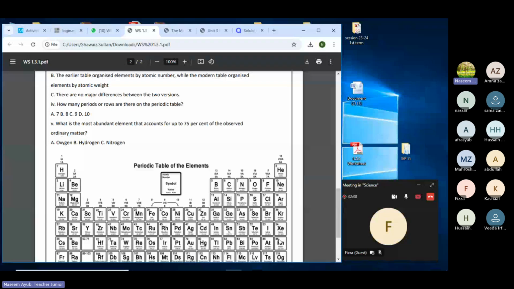Any idea about this question? Tricky as well. What is the meaning of most abundant over here?